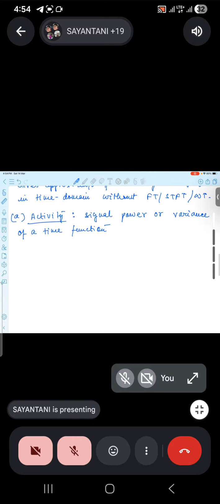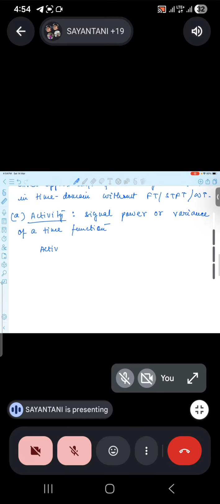Okay. So activity is defined like this. y(t) is my signal. If you are calculating the variance of the signal, you are getting approximate information about the signal power.